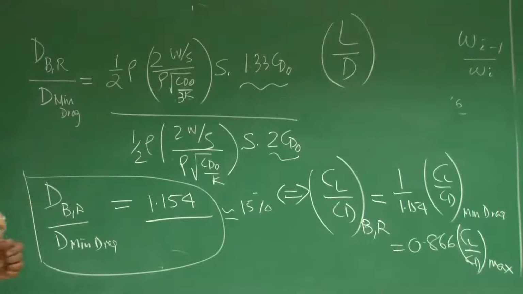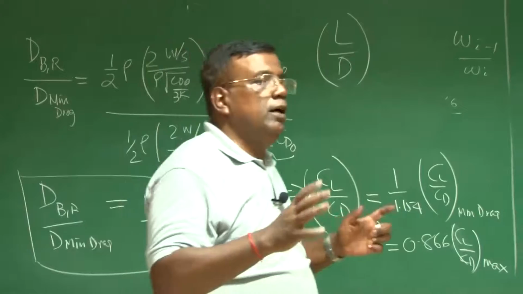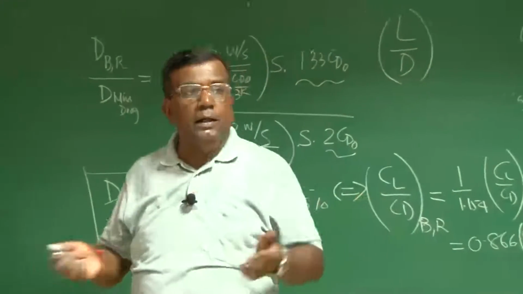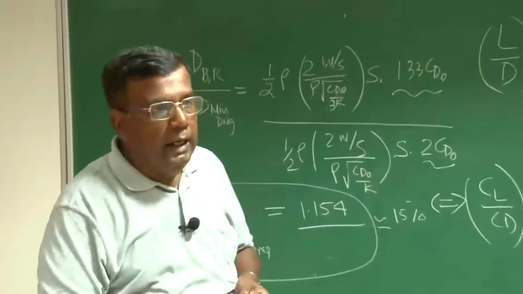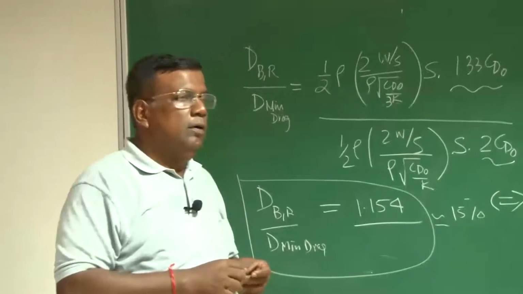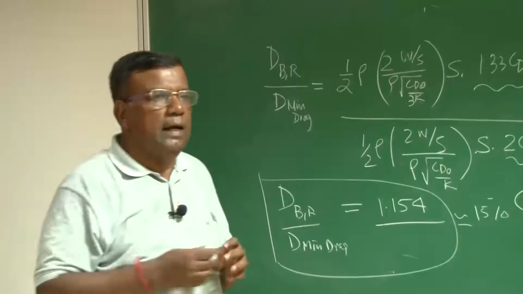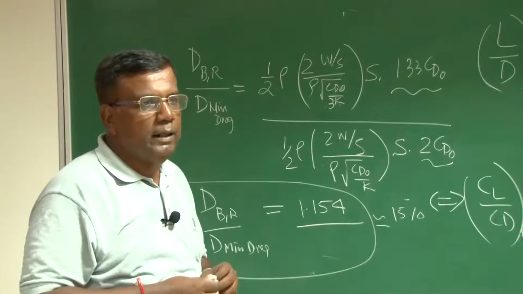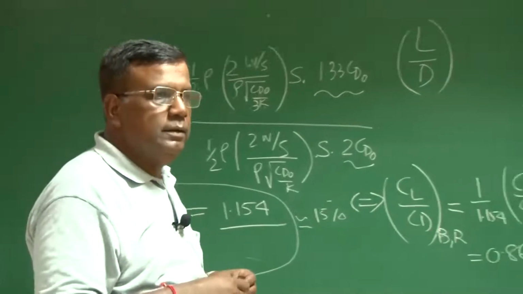Think you are at the era of the Wright brothers, right? You don't have much airplane data, and if somebody gives you a task, how do I visualize as a designer, what should be the L by D max? Right? Okay. How will you think?